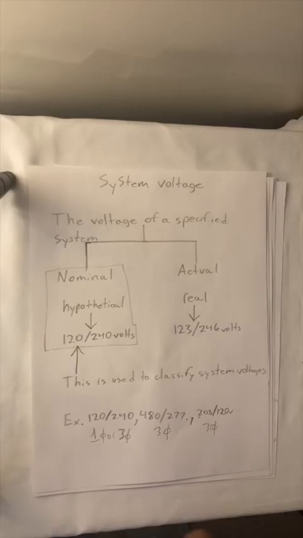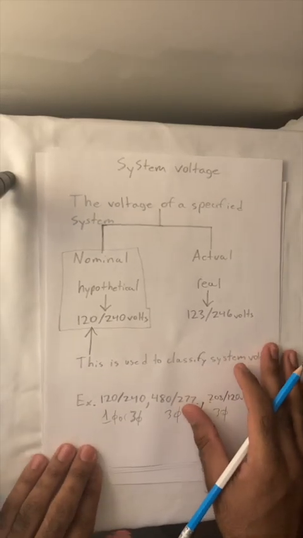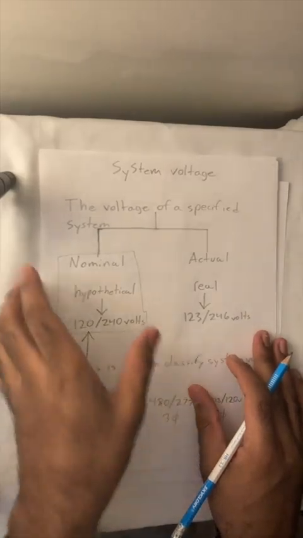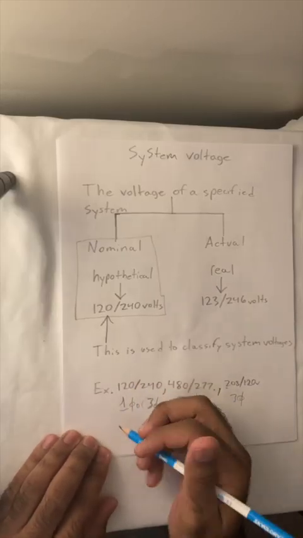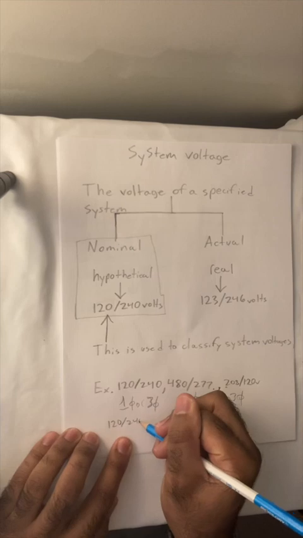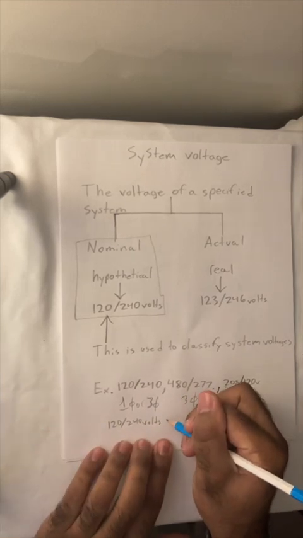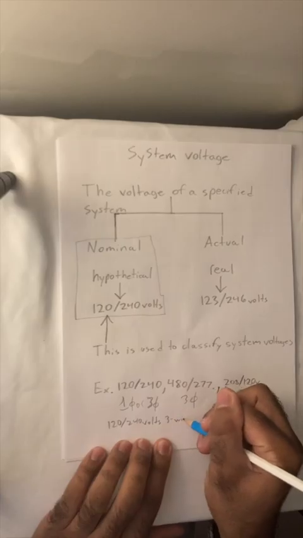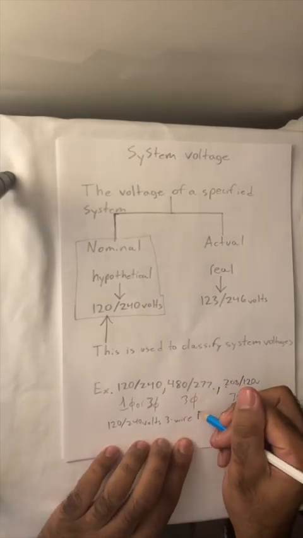The important thing to note here is that in many situations, when we denote a system's voltage, we usually say, for instance, it would be 120, 240 volts, 3-wire, or for instance, single phase 3-wire.